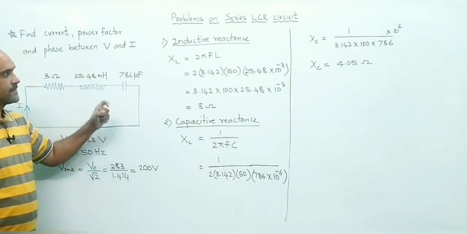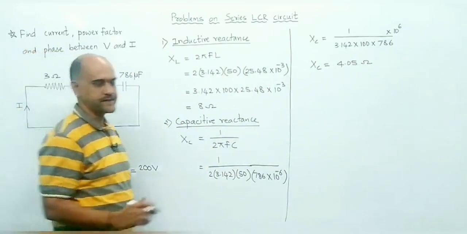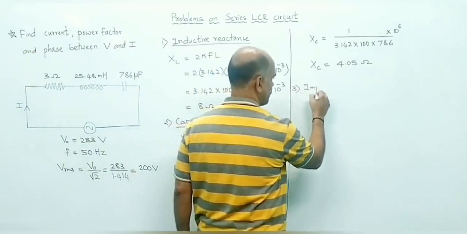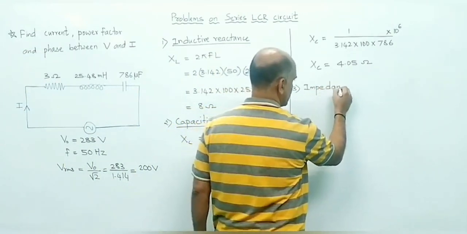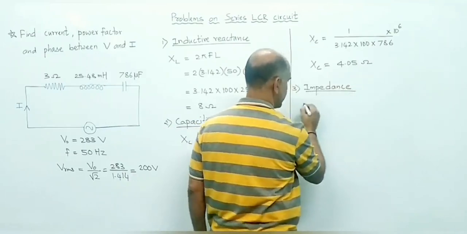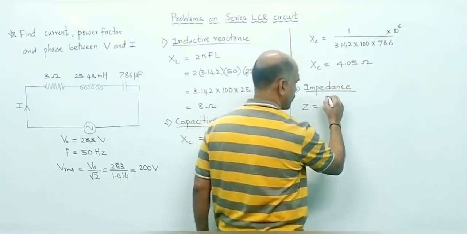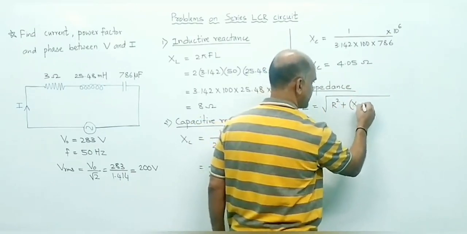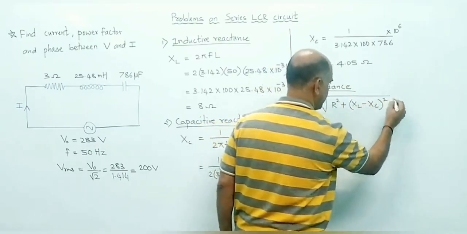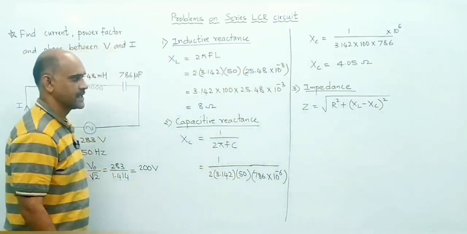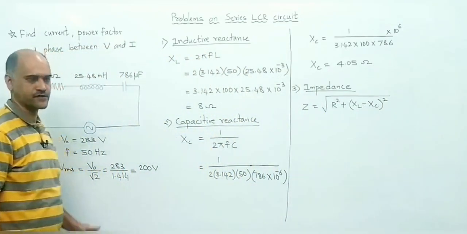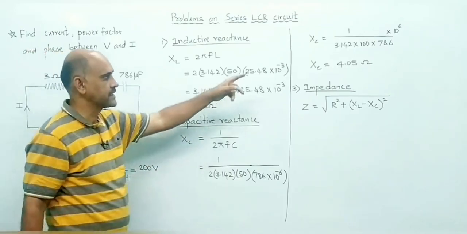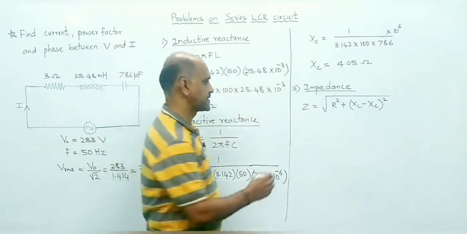In the third step, you calculate impedance, that is Z. Z is given by root of R square plus XL minus XC bracket square. Resistance is 3, XL is 8, XC is 4.05.